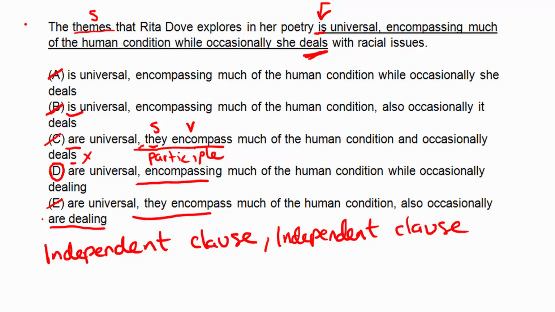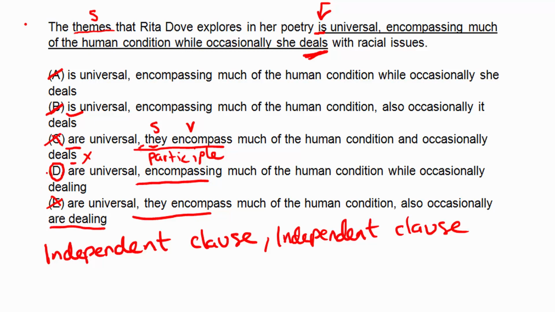And what it means is right now at this very moment. And that's not the sense we want here. We're talking in general here about the themes of Rita Dove's poetry. So we don't want to give the impression that the themes are doing this at this very moment. That would be incorrect. So that would be another way to get rid of E and C.